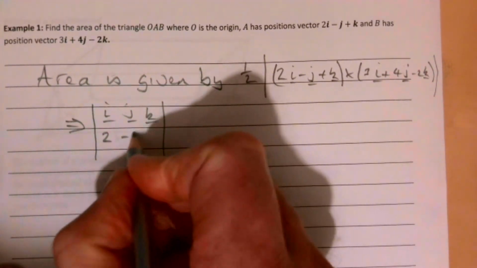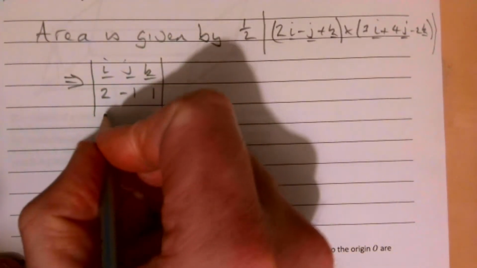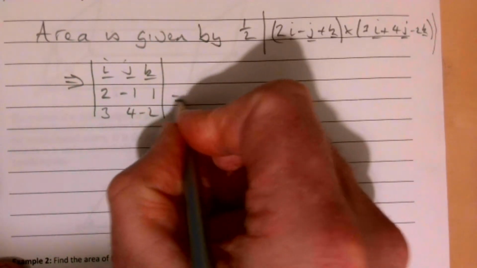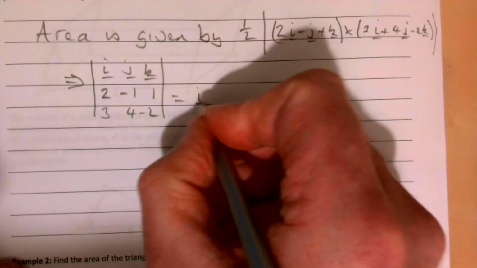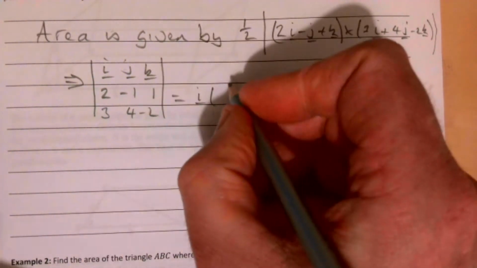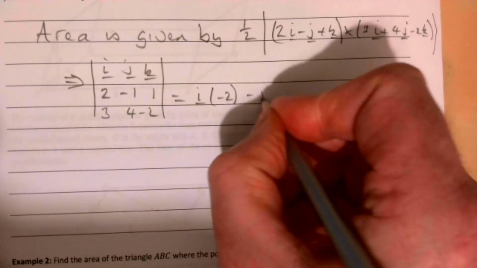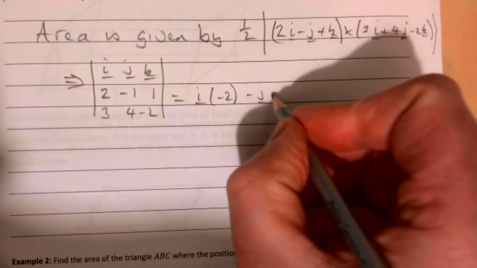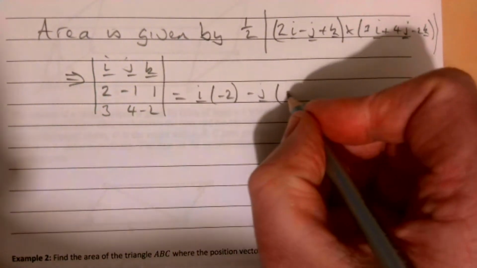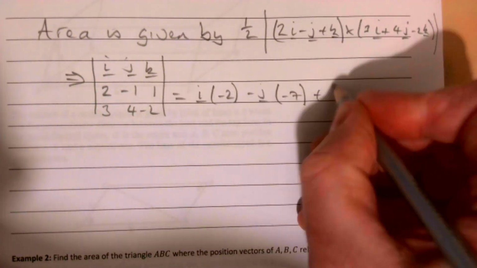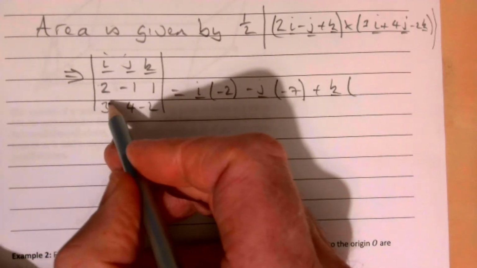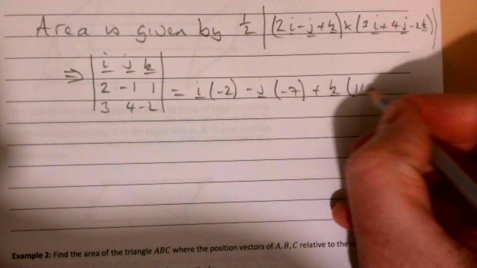So that's going to be i times 2 take away 4, so minus 2i, minus j times minus 4 minus 3, so that's minus 7, plus k times 8 minus minus 3, so it's going to be 11.